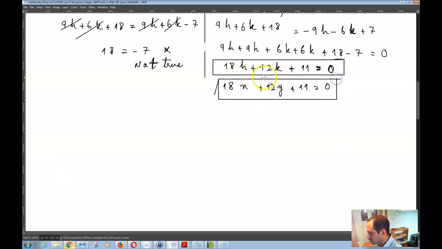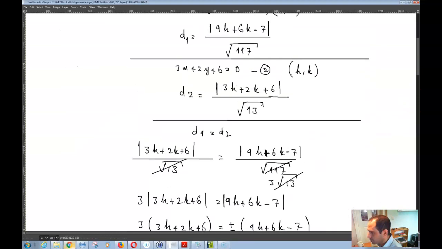This line was supposed to be parallel to those two lines, and you can see that over here the slope of this line is negative 18 to 12, which, divided by 6, you'll get 3 and 2, which is equal to negative 3 halves.